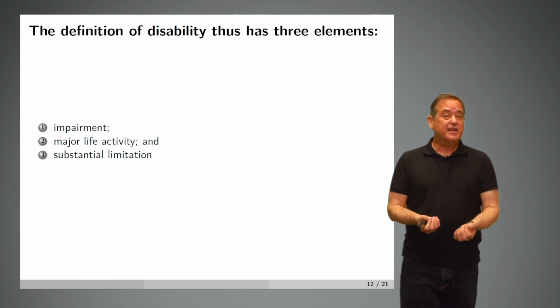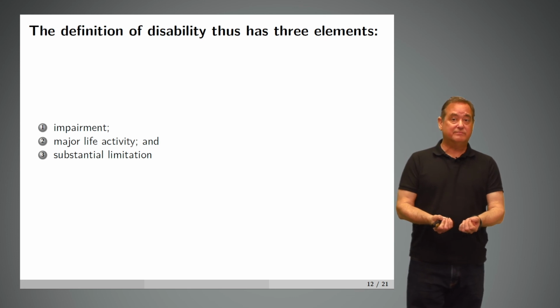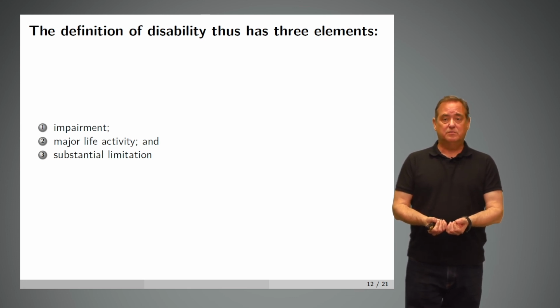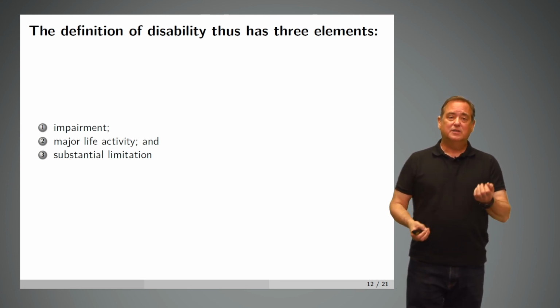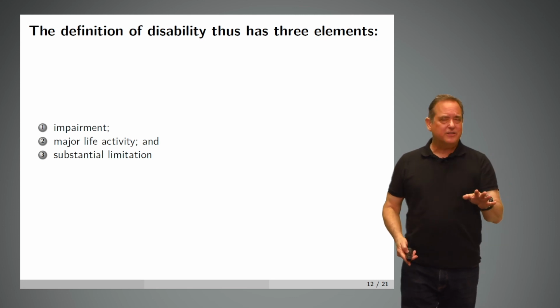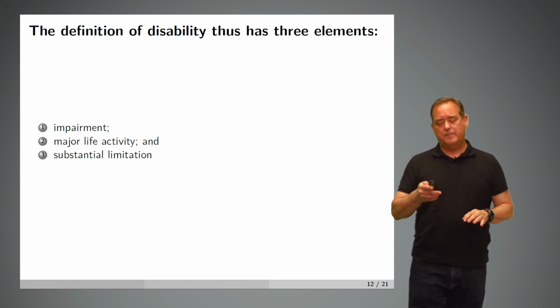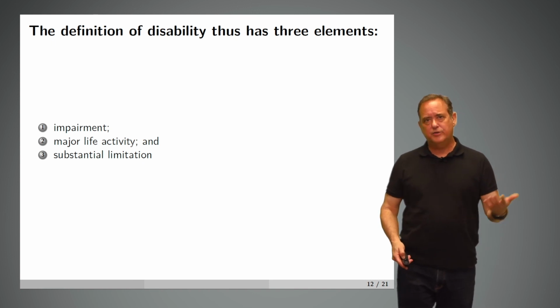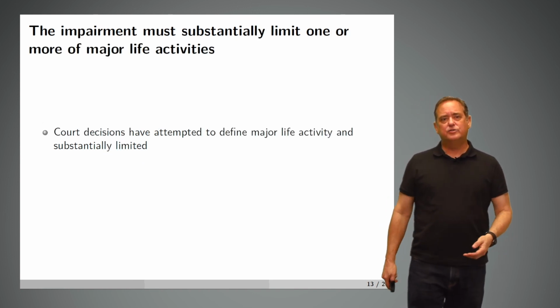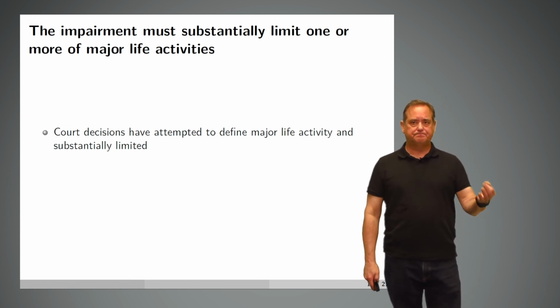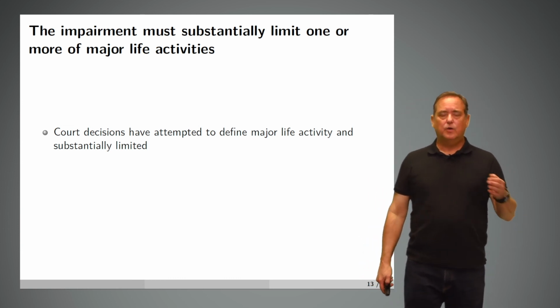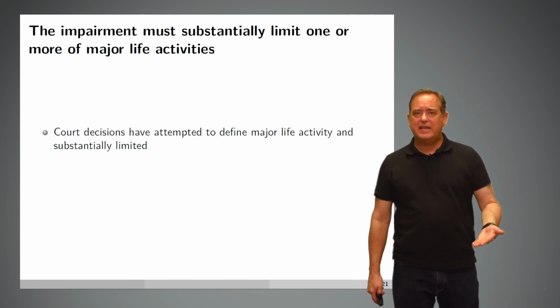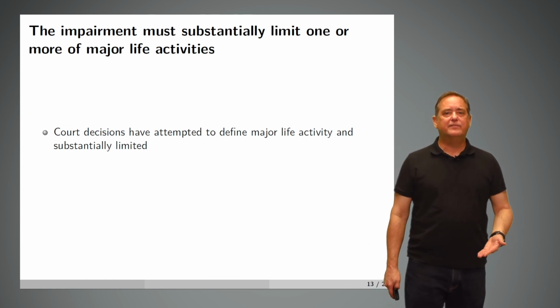Now, fortunately, you're taking this class now and not 6-7 years ago, because now, although these elements are still there, and that's still the law, we have seen on the part of courts a willingness to expand their notion of disability. We know that impairment must substantially limit one or more major life activities.